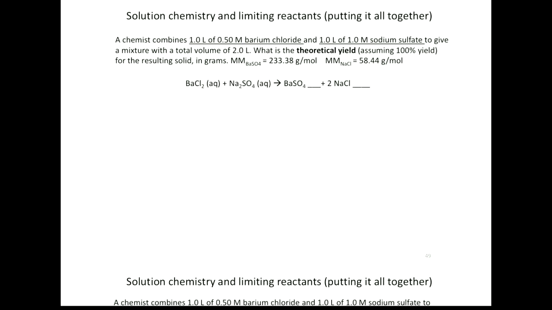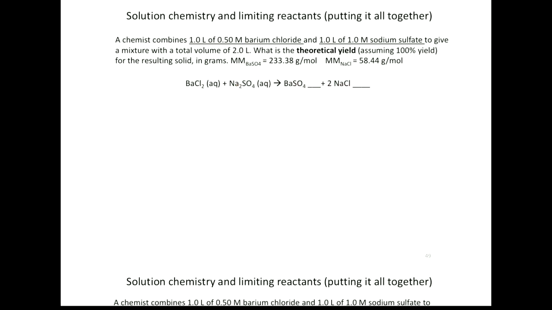The idea is the exact same. We just do solution stoichiometry, but this time we do it twice because we need to figure out the limiting reactant. We're combining barium chloride and sodium sulfate, and I'm asking what is the theoretical yield.